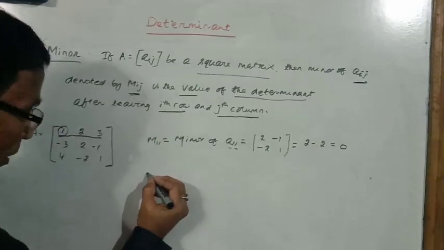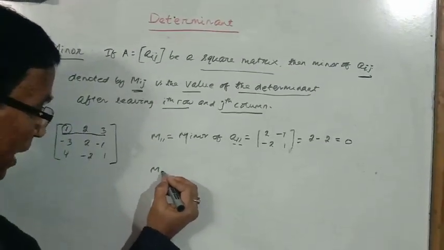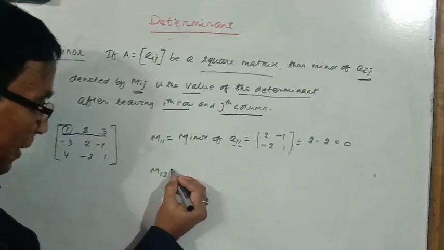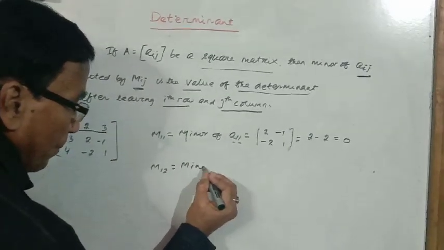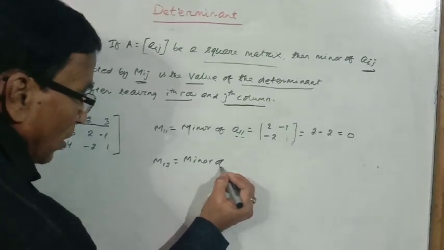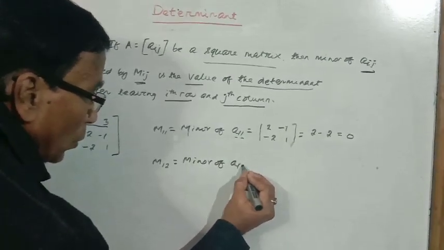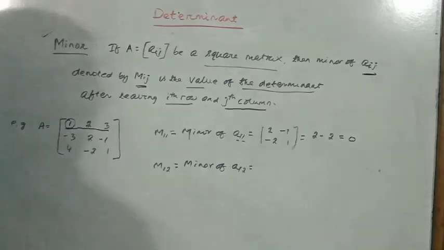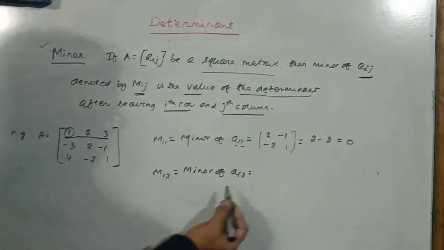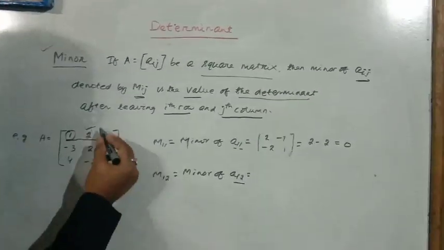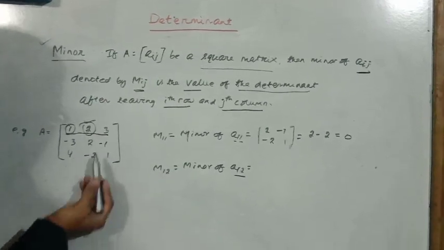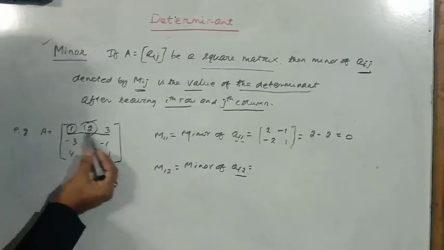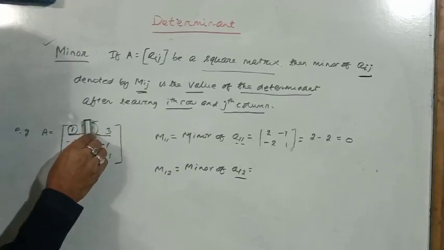Next, similarly we will find out M12. What is M12? M12 is nothing but the minor of A12. The corresponding element of A12 is 2. So we will find out the minor of the element 2. For that we will omit the first row and second column.